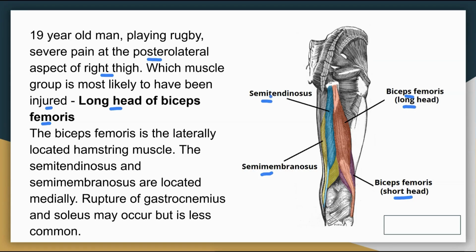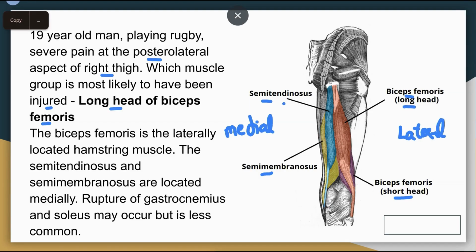Now, out of these, the semitendinosus and semimembranosus are present on the medial aspect posteriorly, and biceps femoris is present on the lateral aspect posteriorly. Now, semimembranosus and semitendinosus are both supplied by the tibial nerve, and the long head of the biceps femoris is also supplied by the tibial nerve.